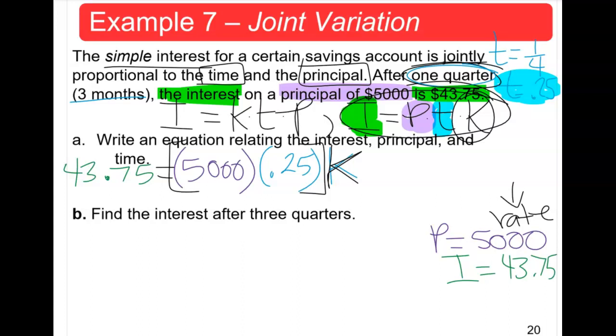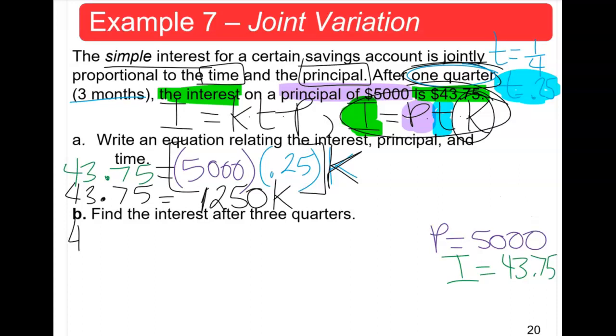It's going to be a quarter of 5,000, or 5,000 times 0.25. So 43.75 is equal to 1,250 times K.